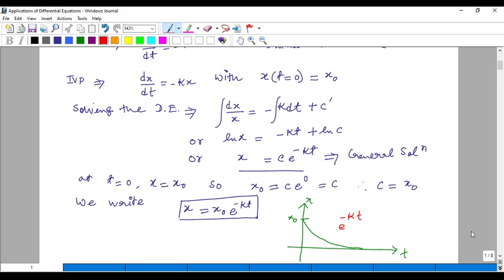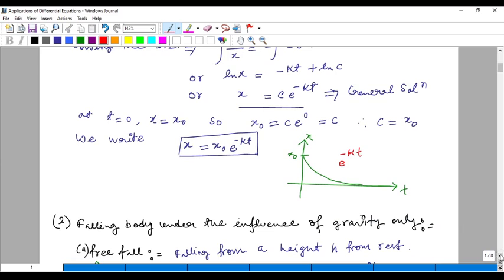If k has a low value, then the rate of decay will decrease. From this expression we can also calculate the half-life and the relation between this decay constant and the half-life. The half-life is the time at which x is equal to x0 by 2.